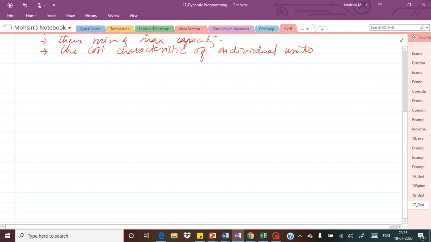It is also assumed that the load on each unit combination changes in suitably small step sizes and uniformly. A very important point here: it is assumed that the load changes in small and uniform steps.